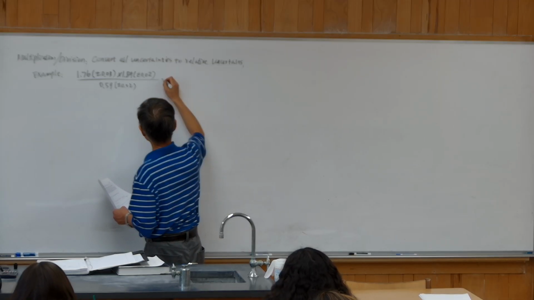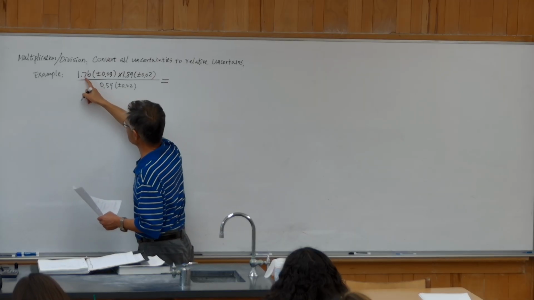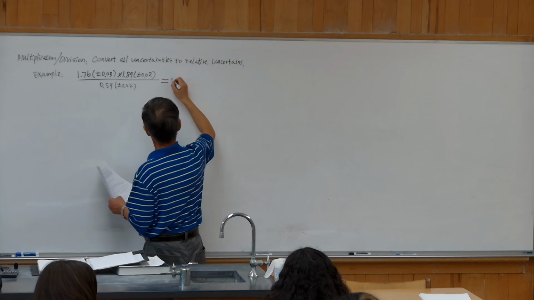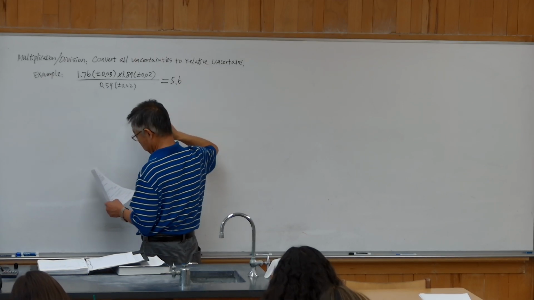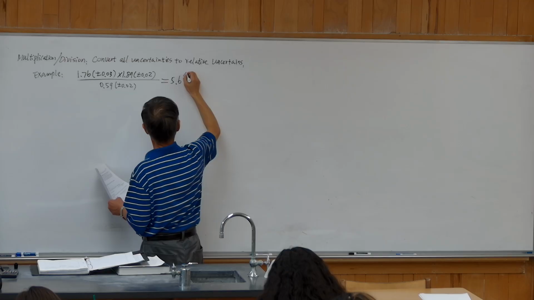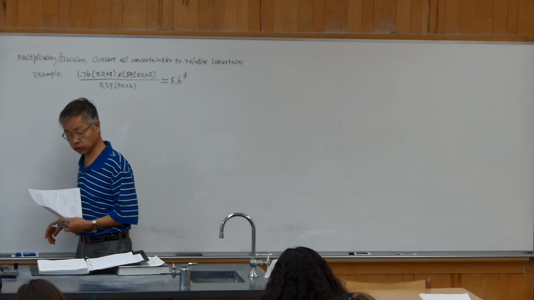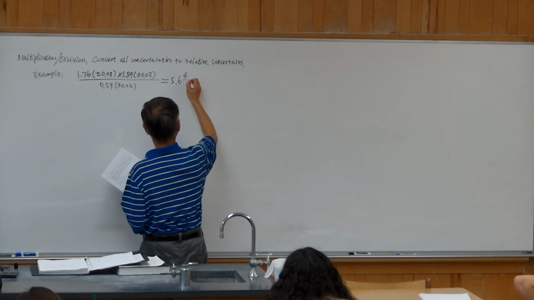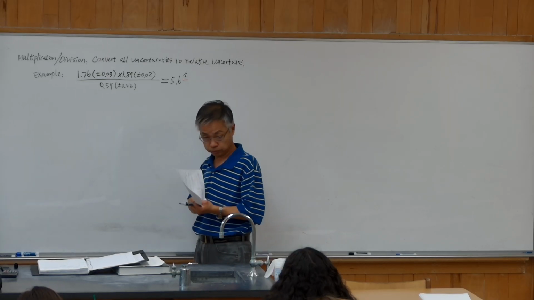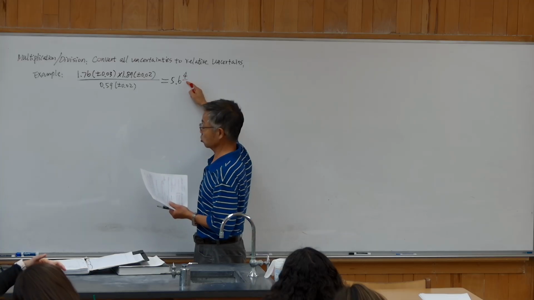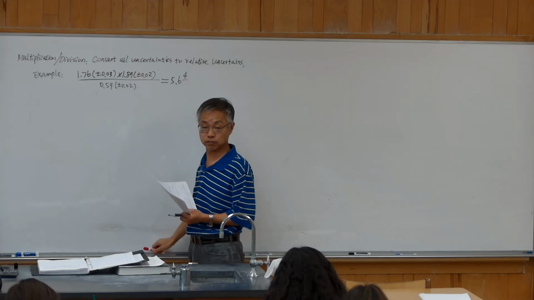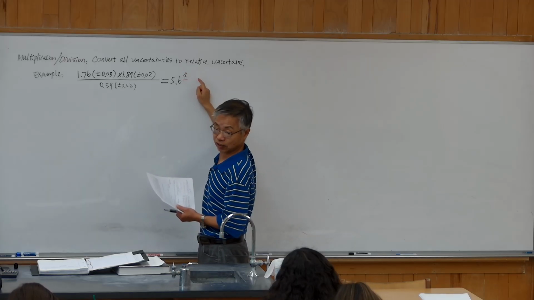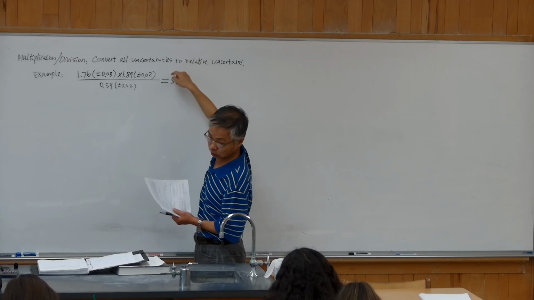The result itself: use your calculator, 1.76 times 1.89 divided by 0.59. The result will be 5.64. This 4 again is the first insignificant figure. If this is not the final answer, we should keep the extra digit. If this is the final answer, 4 and below we just delete it, 5 and above we round up.